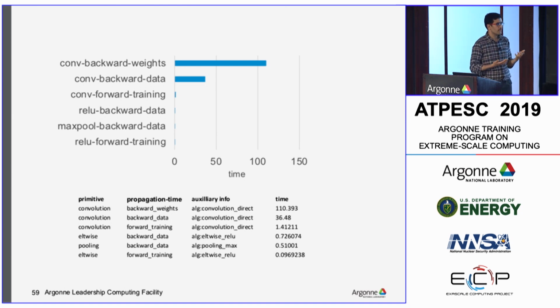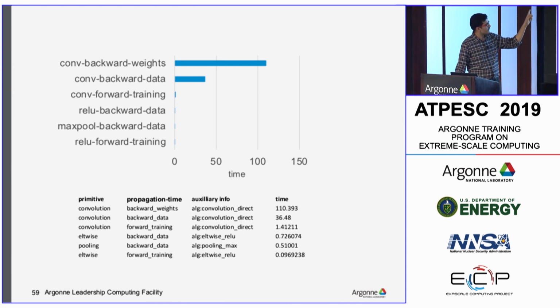You could also use MKL-DNN verbose mode, which will sort out the information based on which kernels are taking a lot of time. If you see the convolution backward, which is working on the weights, that's taking a larger chunk of time, followed by the data. So these are the most heavy operations in my code.